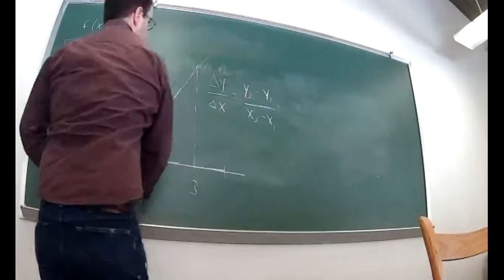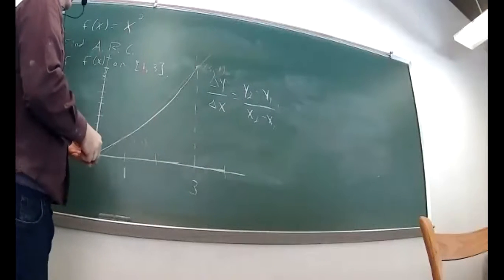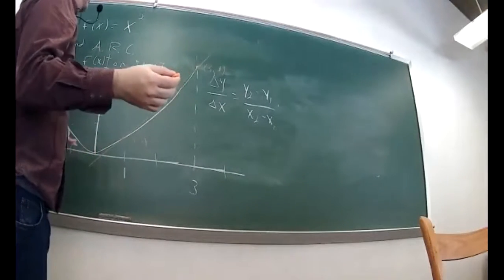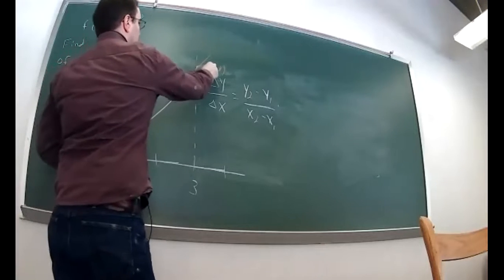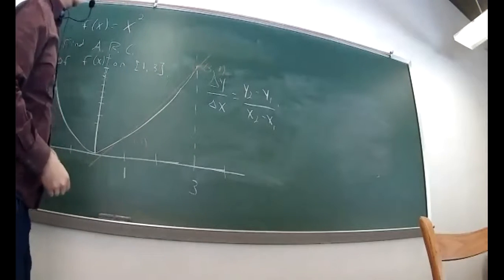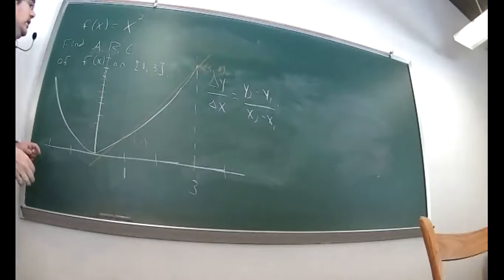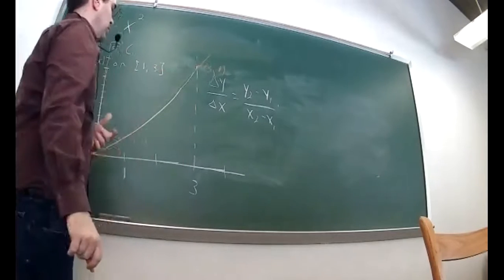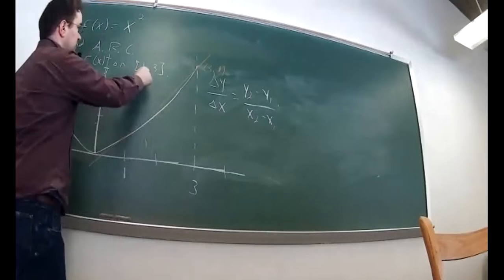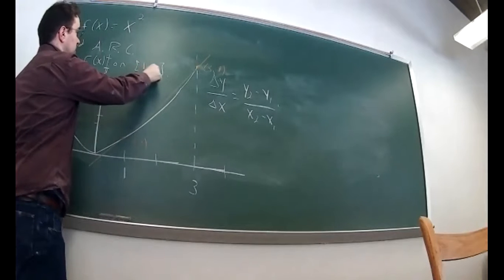So you have to know what's x1, x2, and what's y1, y2. Those are the coordinates of the 2 points that you use to determine the secant line. Where do you get those 2 points? The x values are the boundary of this interval.